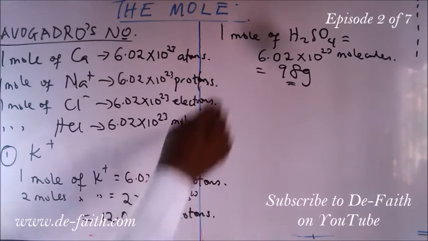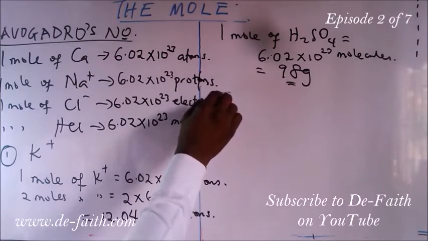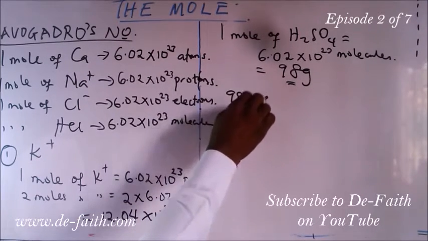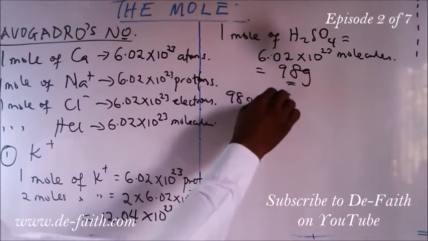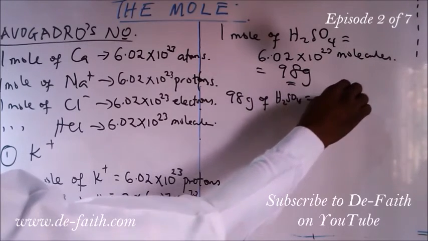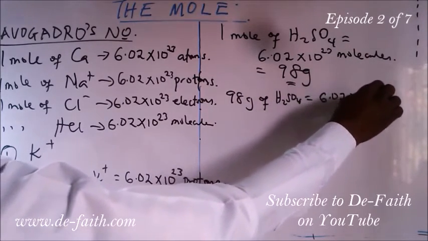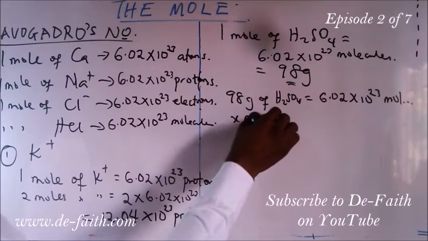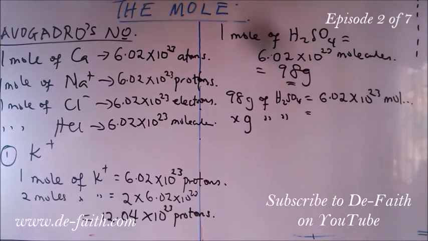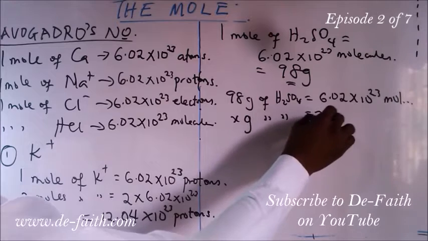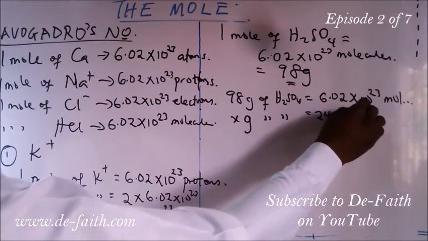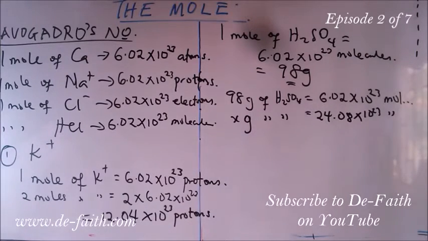So what we'll do is that we'll equate this with this. If you have 98 grams of H2SO4 equal to 6.02 times 10 to the power of 23 molecules, how many grams of H2SO4 are we going to have in 24.08 times 10 to the power of 23 molecules? We'll cross multiply.